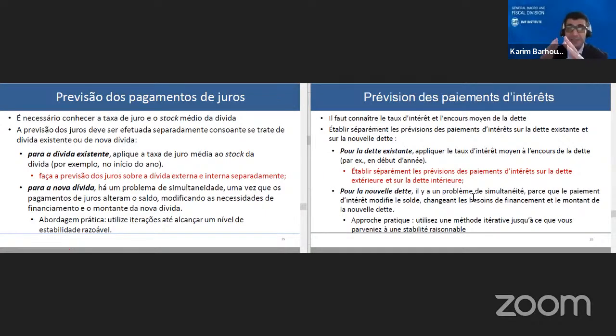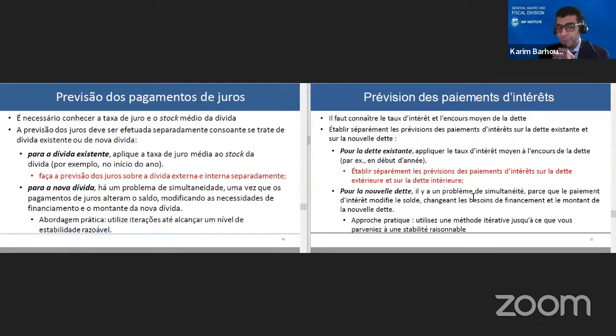For the existing debt, we apply an average interest rate to the stock of outstanding debt. Let's say the debt at the end of year T-1 is the debt of the starting year. Then we have to forecast the interest on foreign debt and domestic debt separately.